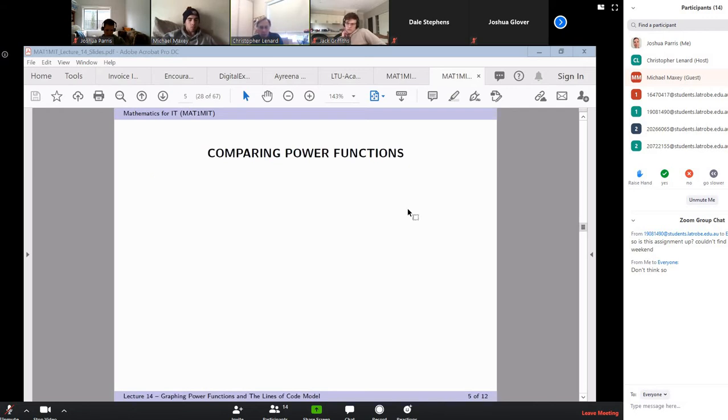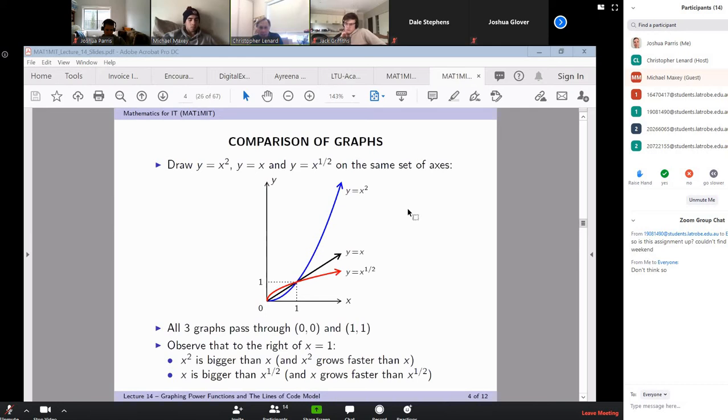So back here, m is equal to 2, and here n is equal to 1. We've got 2 is bigger than 1, so x squared is bigger than x to the 1.